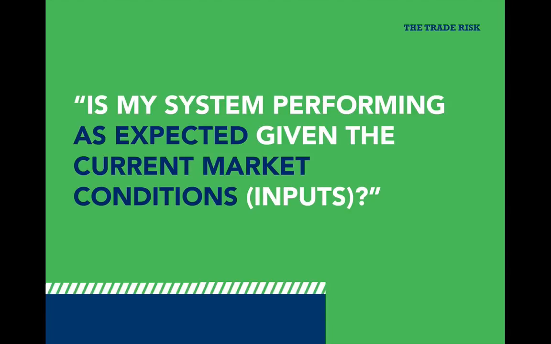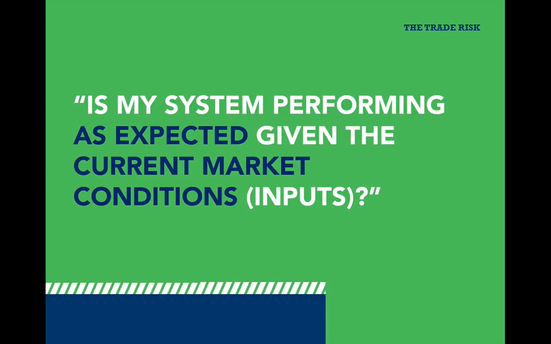Now, on the other hand, if you have a system that works wonderfully in trending markets and the market is strongly trending and you're in drawdown and you're taking losses unusually big or for long periods of time, that's something you need to pay attention to.